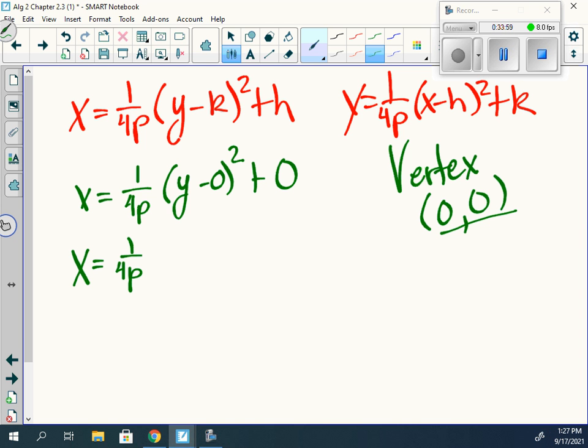Y, because if we add 0 or subtract 0, it doesn't change anything, does it? So really, this is gone, and we're just left with y. Y plus 0, that's gone. Wait a minute, that's the same equation we have here, isn't it? X equals 1 over 4p y squared. They are the exact same equation. It's just because the vertex is 0, 0, we don't include the h and k.